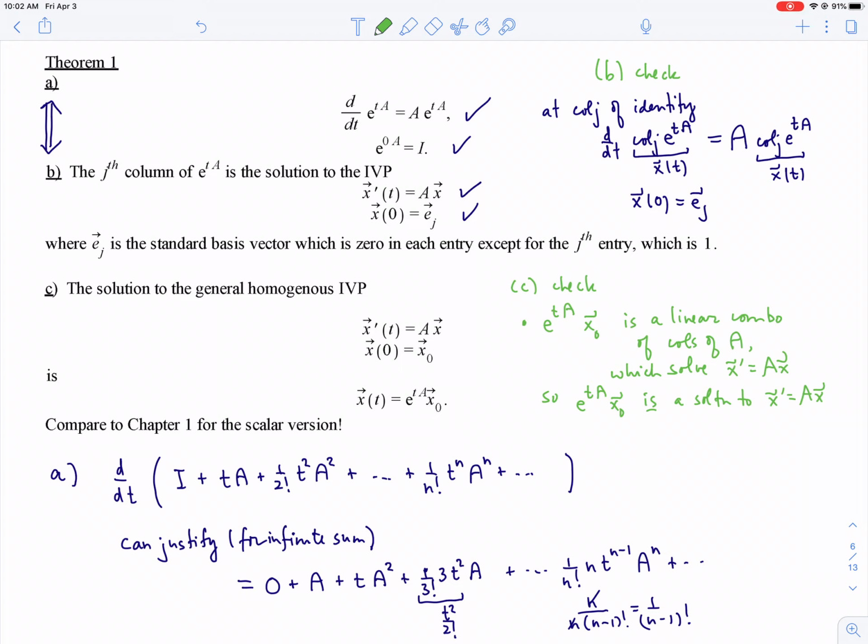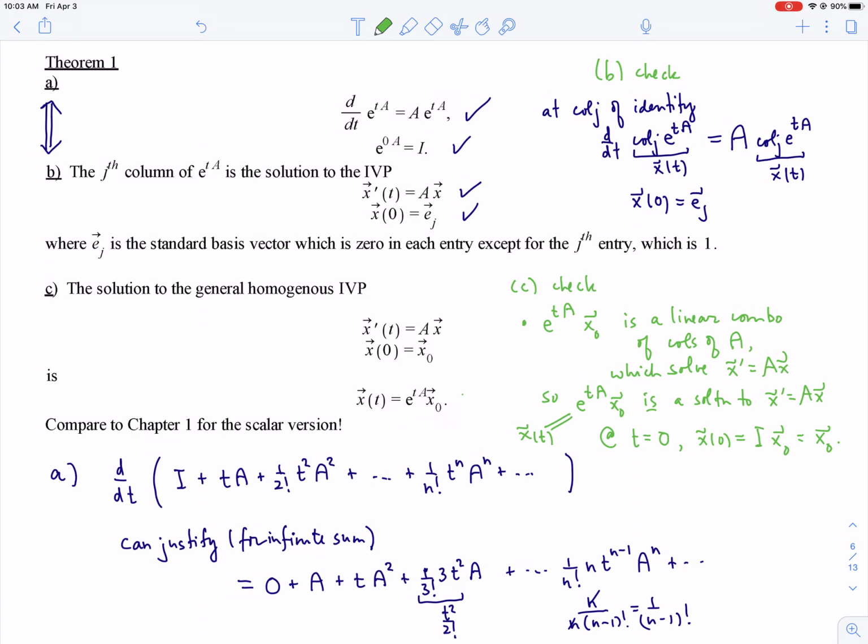And at t equals 0, we get x of 0 is the identity matrix times x naught, because e to the 0A is the identity matrix.